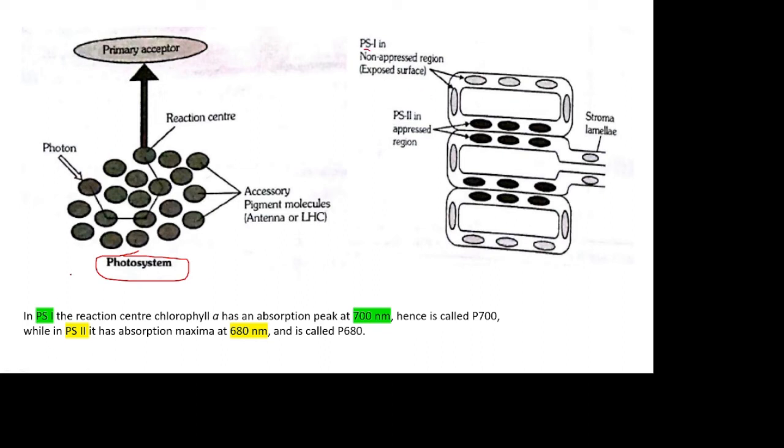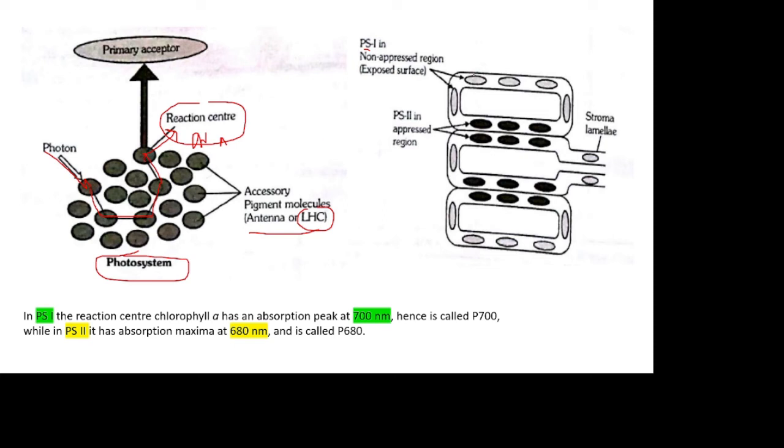We have two photosystems in plants. In a photosystem there is a reaction center, especially a chlorophyll a molecule, and there are accessory pigments called antenna molecules or the light harvesting complex, which accept the light. Then all the light, or photons, are transferred to the reaction center.